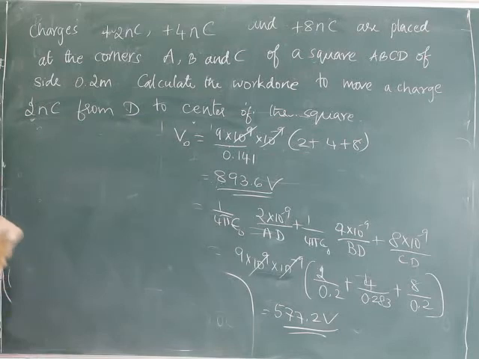Next, what we have to do? We have to calculate the work done to move a charge 2 nanocoulomb from D to the center. So, to move from D to center, correct? So, VO minus VD.